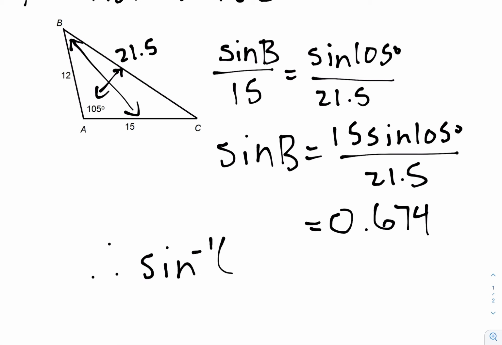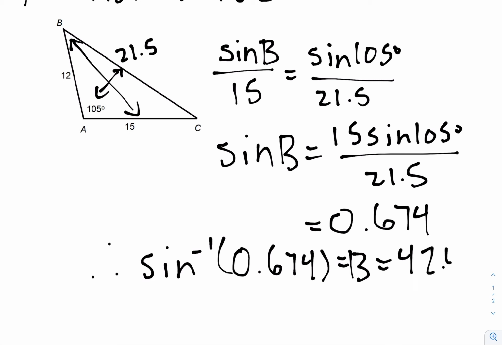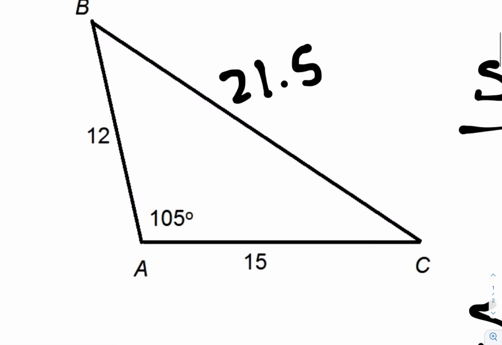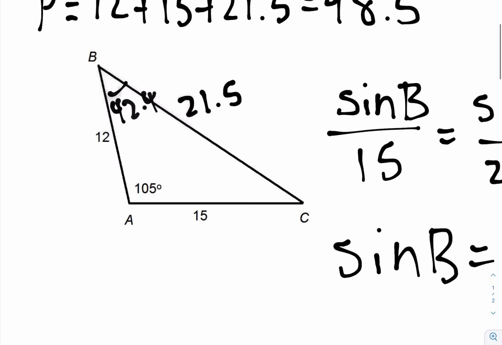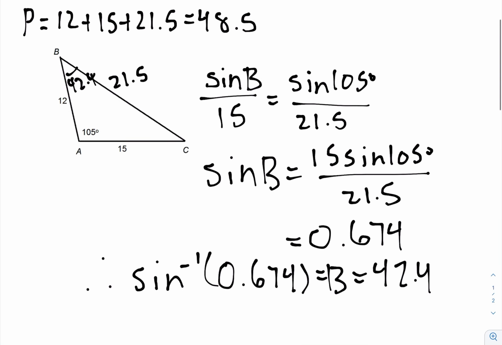So sine inverse of 0.674 is going to equal B, which is 42.4. Okay, so I'm going to write that out in here. So B is 42.4.